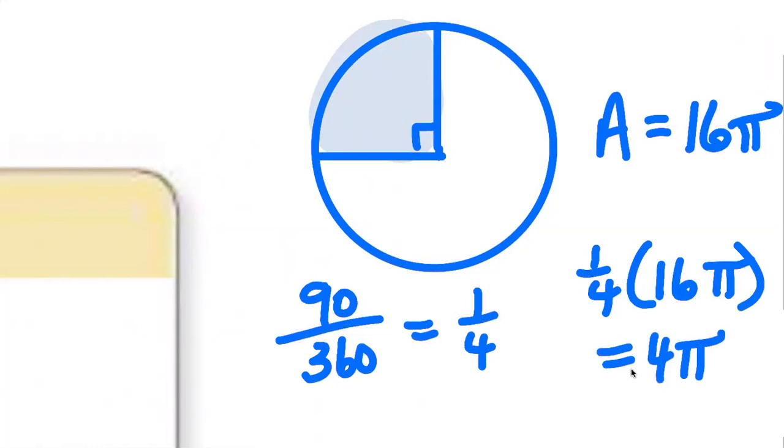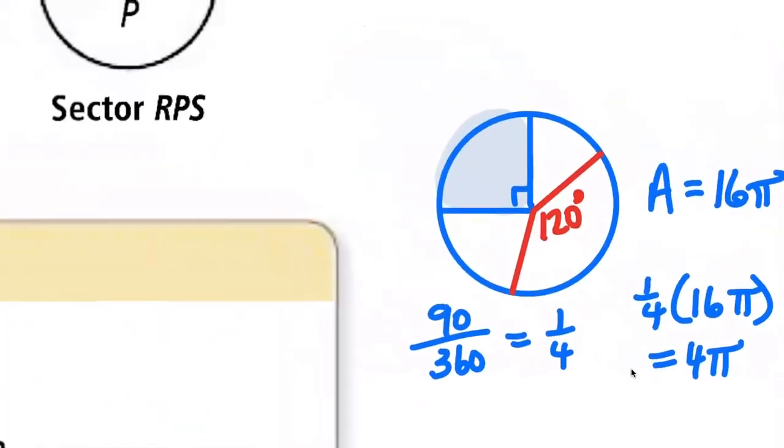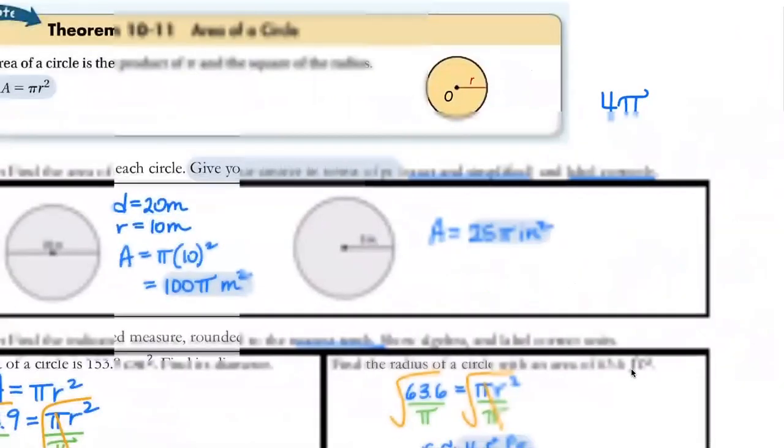Okay, what if we had a central angle measure like this here? Let's say that that's 120 degrees. Well, 120 is what fraction of the circle? Now I'd be looking for this shaded sector area.